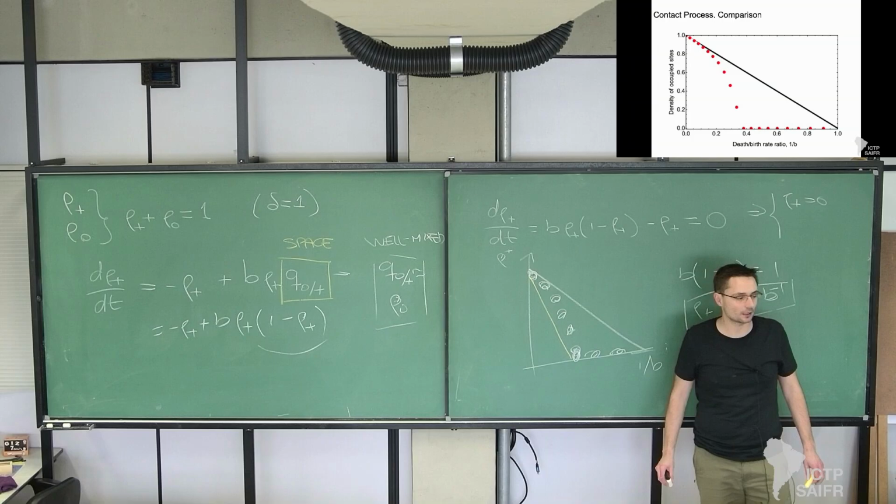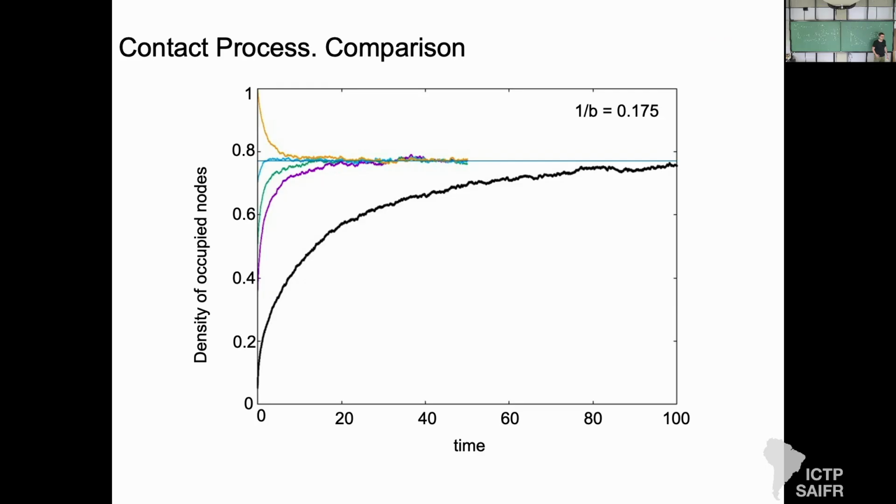In this case, for high t's, d rho plus dt, the derivative of those curves, goes to 0, and that's the only point where they go to 0. So that's why my intuition was that these estimates would be good.